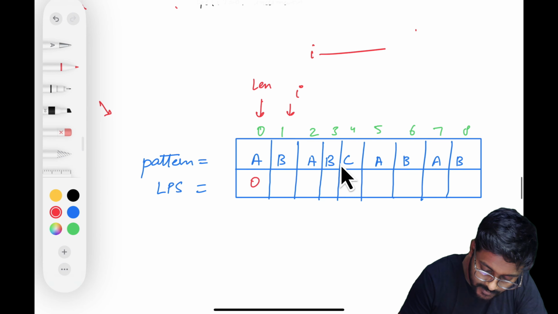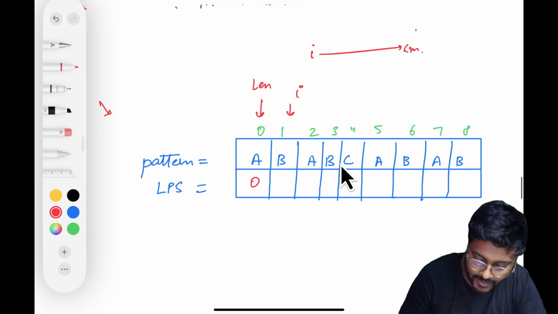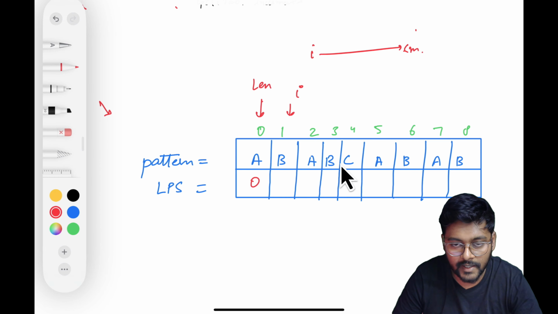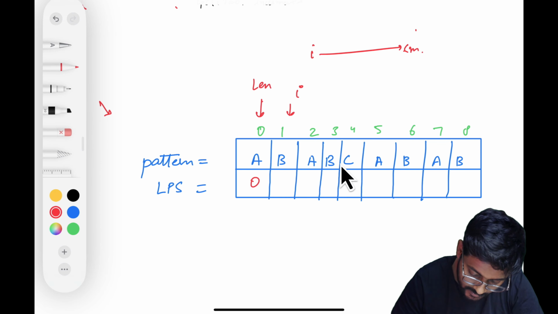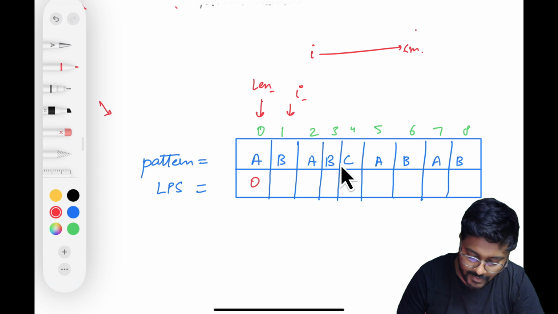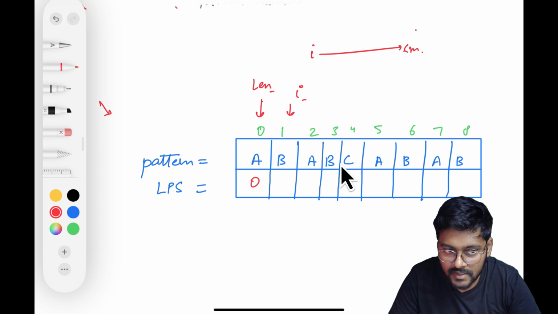Now the value of I will go till less than m. It means we have to iterate using the I pointer, and we will update the value of length accordingly as per our need. Firstly, we are going to match the value at length and the value at I, whether they are the same or not.